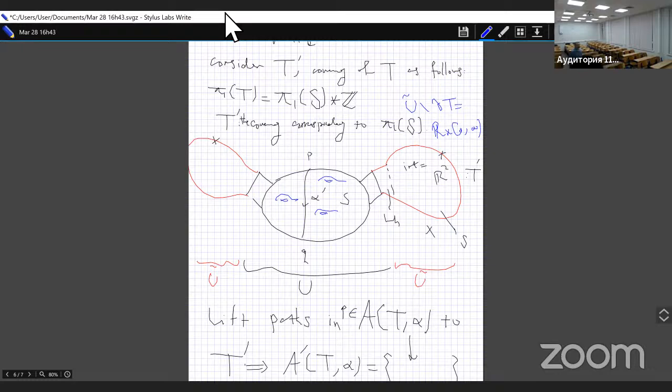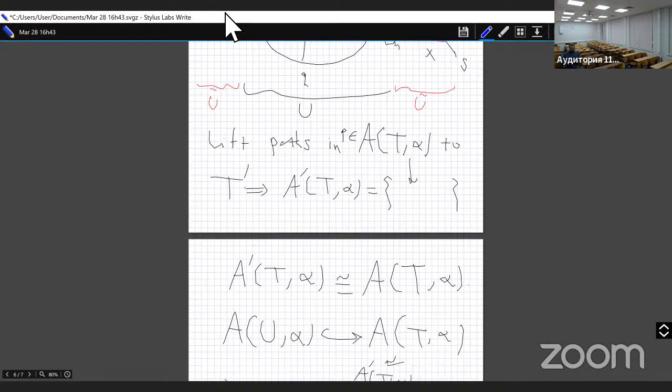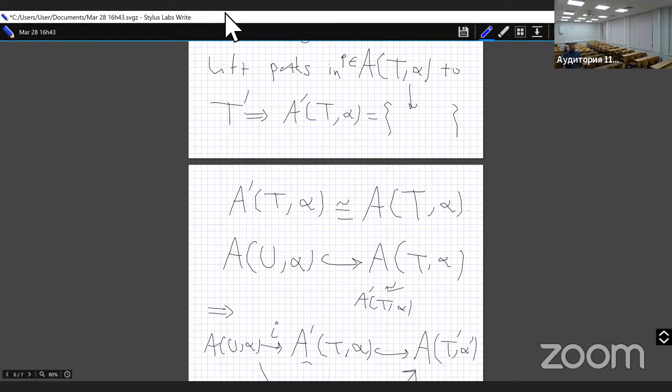Yeah, the point is we can deform the red parts to U. The whole thing is homotopy equivalent to U. So forget about the boundary parts.